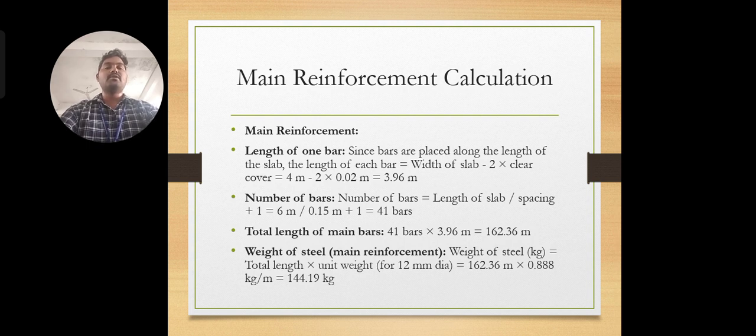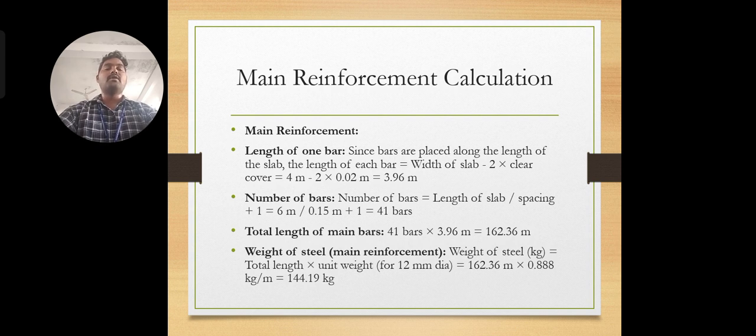As per the problem statement the width is 4 meters, so 4 meters minus 2 into 0.02 meters, since the 20 mm clear cover is converted into meters. Therefore the length of the rod is equal to 3.96 m.